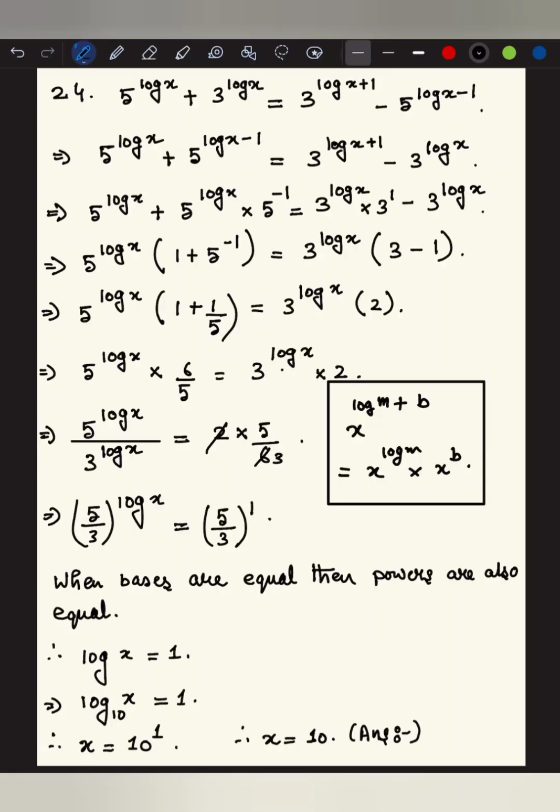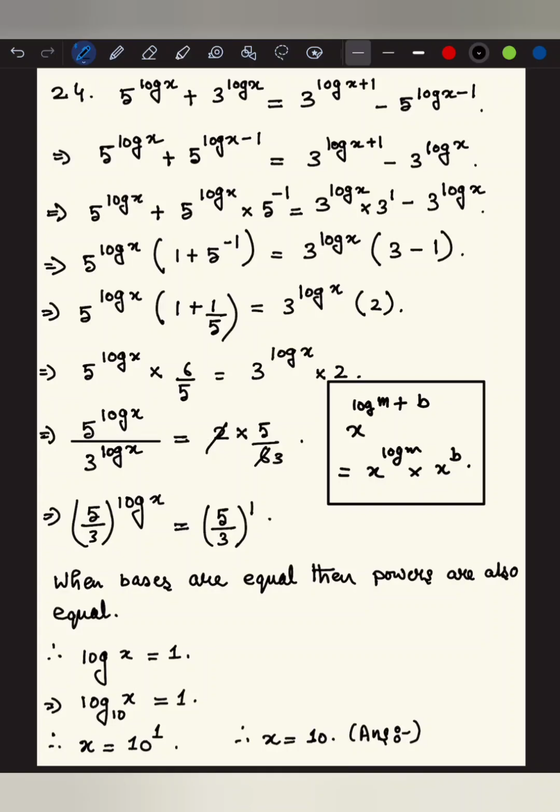Now I am taking this 3 to the power log x to this side and 6 by 5 to the other side. So 3 to the power log x is multiplied by 2 on the right hand side. When it comes to the left hand side, it will be divided.